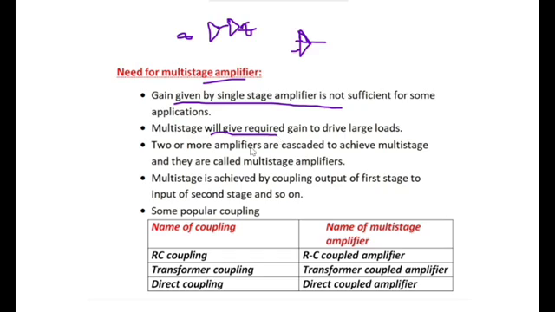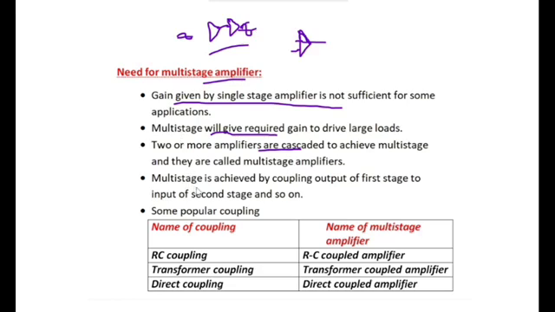Two or more amplifiers are cascaded, that is, the output of the first stage is given as the input of the second stage. This is what cascading means. So the gain will be multiplied as the stages are increased. We can achieve much more gain when we go for multi-stage amplifiers.